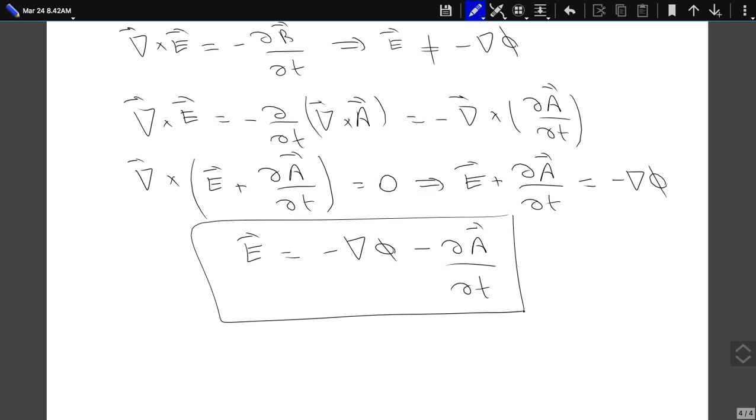This phi in the static limit becomes our electrostatic potential. So these are our new potentials for E and B. We still have potentials, four, let's say, counting the components: three for the vector potential A, and one scalar potential. So we can write all the electric and magnetic fields in terms of these potentials.